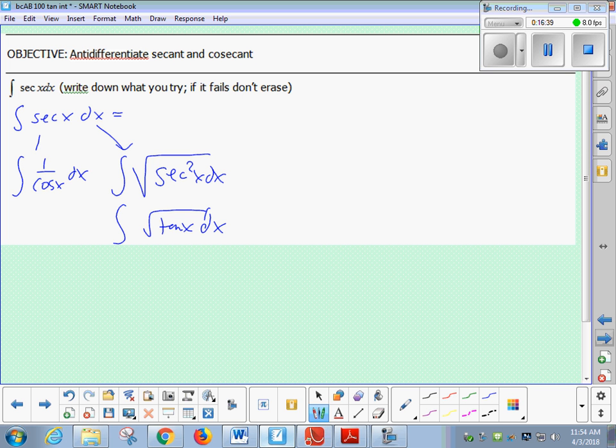Now, Rachel, what did you try? I said square root of tangent squared x plus 1. Square root sign, and then inside is tangent squared x plus 1.